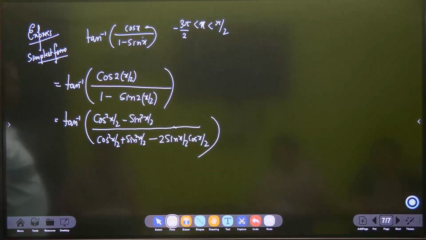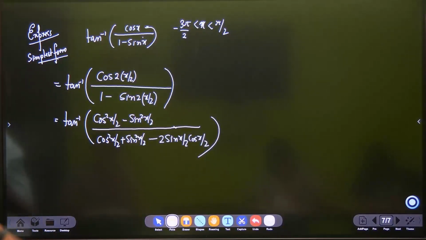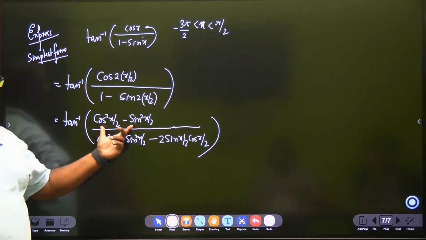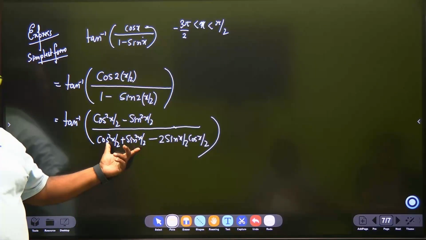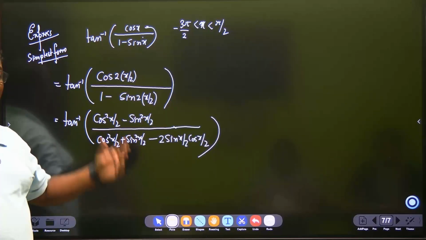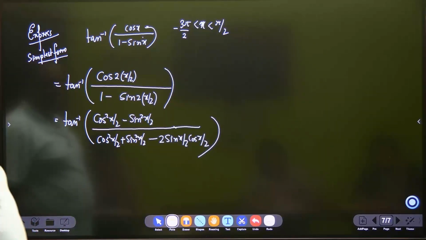See what is the idea? Why have I done this? This will break up into a plus b, a minus b, and this will break as a minus b whole square. Then some cancellation will happen.